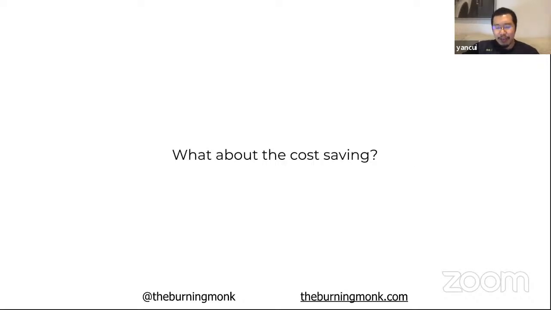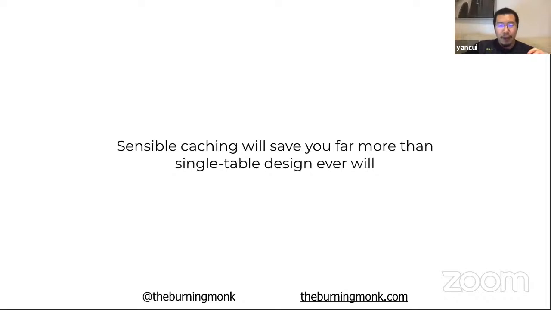And in terms of cost saving, I mentioned the potential cost saving is that you can make one single query to fetch multiple items, and the way that read units are calculated based on item size and all of that means potentially there's one request unit versus 4 separate get items from 4 different tables, which counts as 4 separate read units. But you know what?